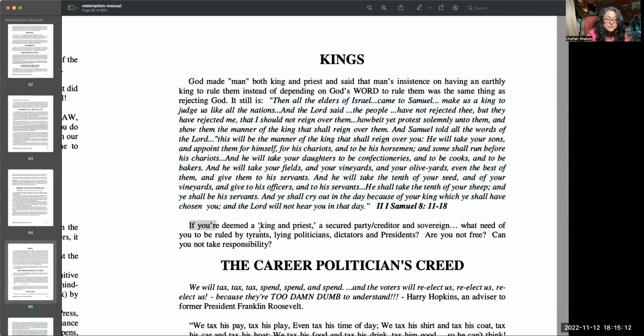So if you're deemed a king and priest, a secured party, creditor and sovereign, what need of you to be ruled by tyrants, lying politicians, dictators, and presidents? Are you not free? Can you not take the responsibility?